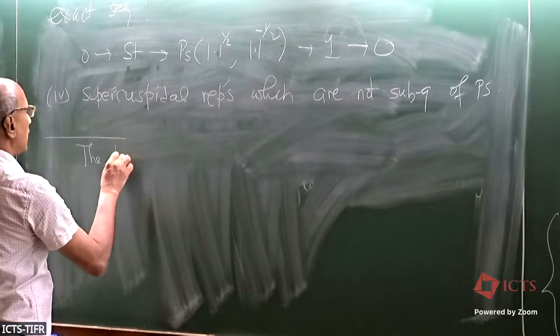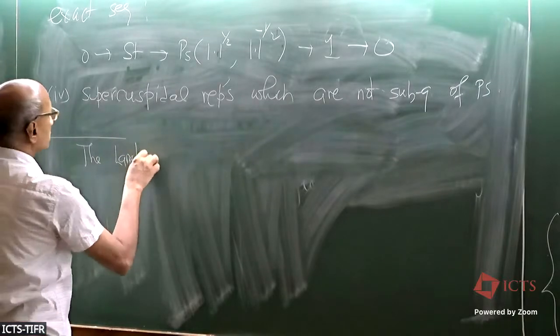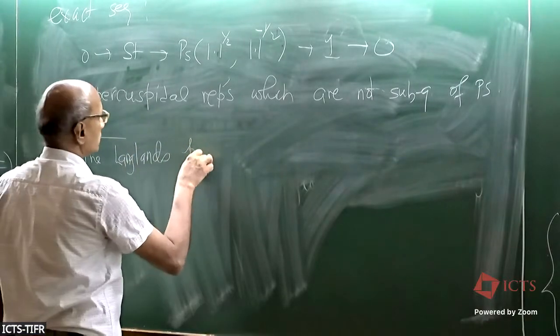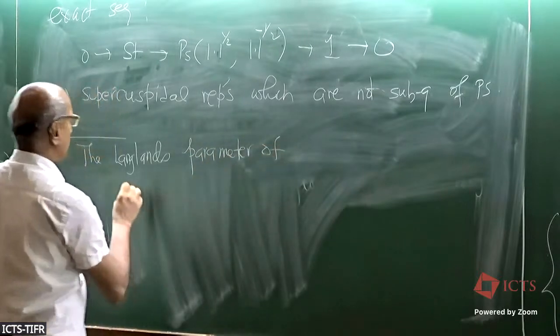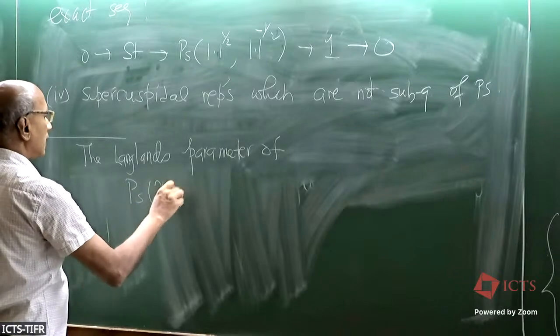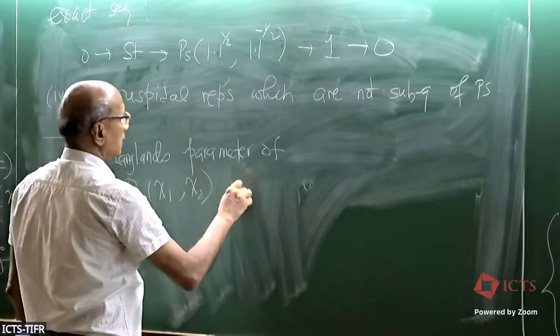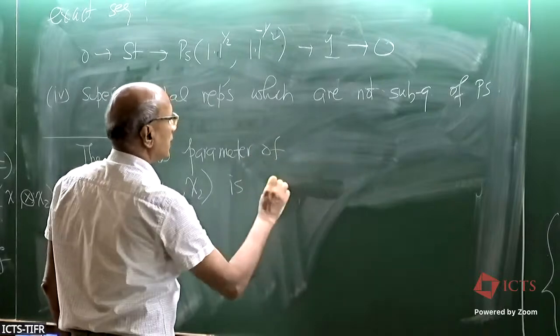So the Langlands parameter of PS(chi1, chi2) is chi1 direct sum chi2.